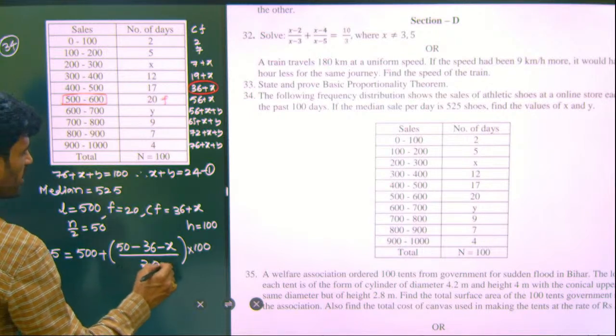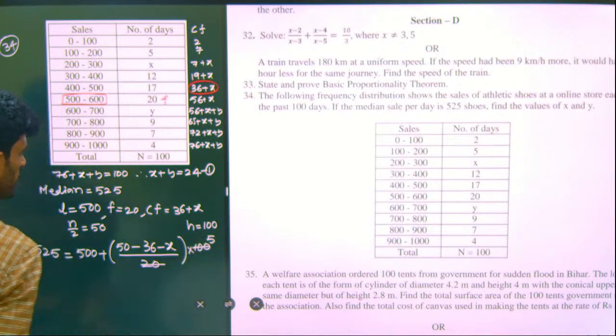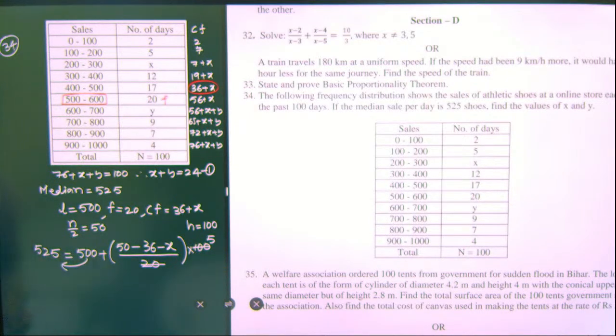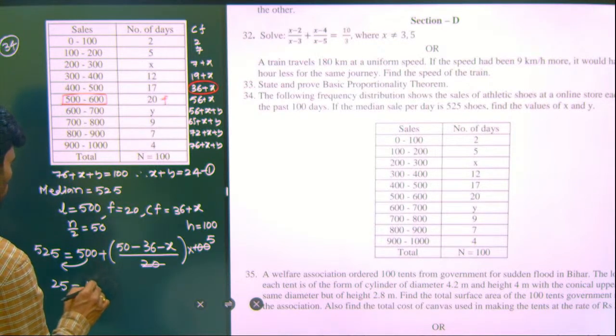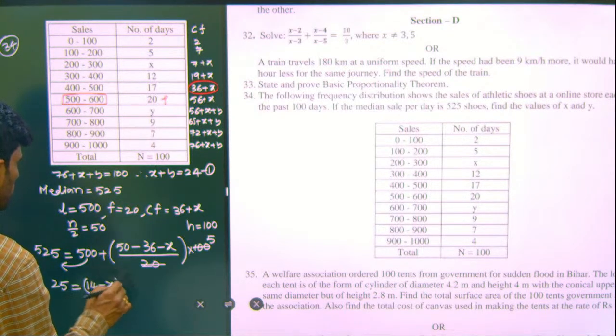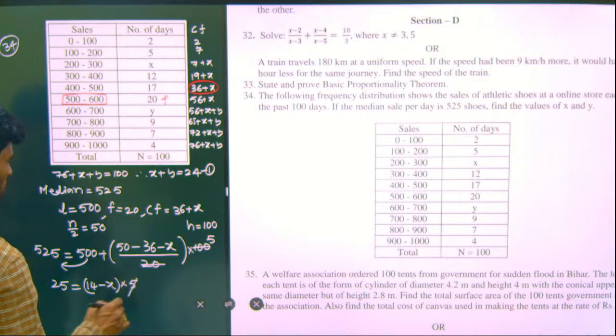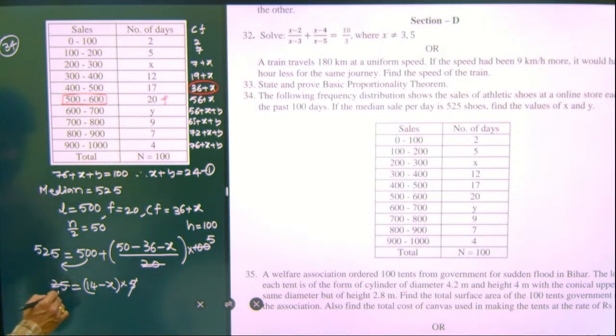So 20 ones are 20, 5s are 100, we can cancel this first, and this 500 we can shift this side. 525 minus 500 is 25. 25 is equal to 50 minus 36 which is 14, 14 minus x into 5, 5 ones are 5, 5s are 25.